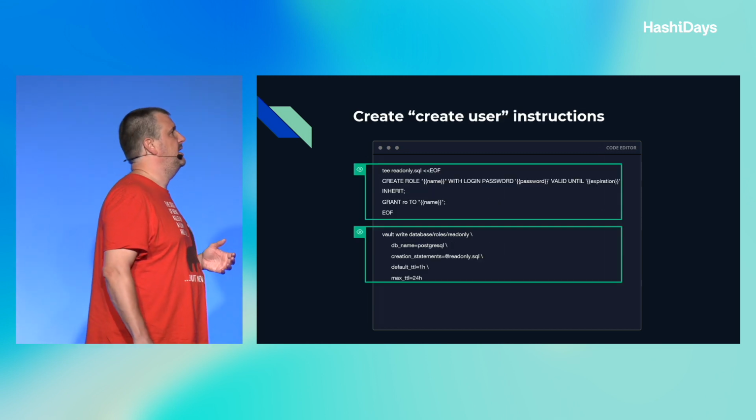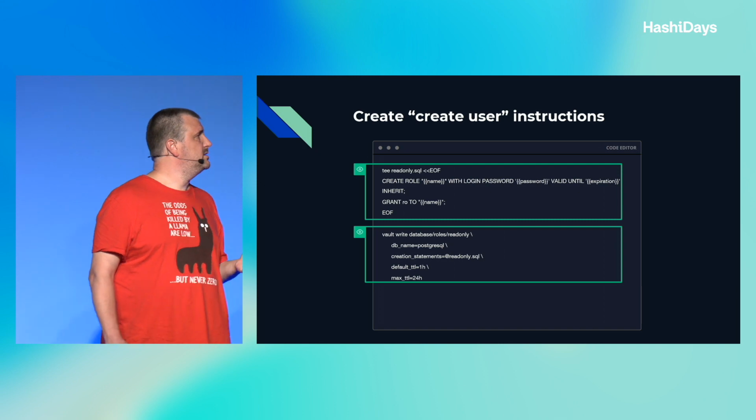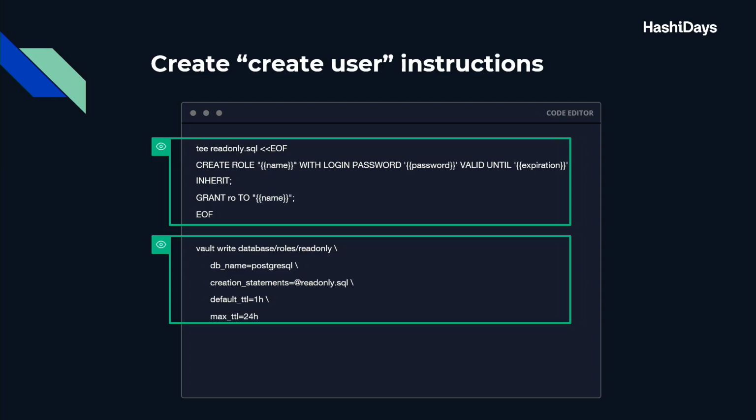And then we tell Vault how to create a read-only user. We write it into Vault with the add read-only.sql. That's the thing that I should have pointed out. That's the easy way to write an entire file into your KV store instead of having to work out again in Bash how you do multiple line variables. It's very easy. Add file, boom, written out.